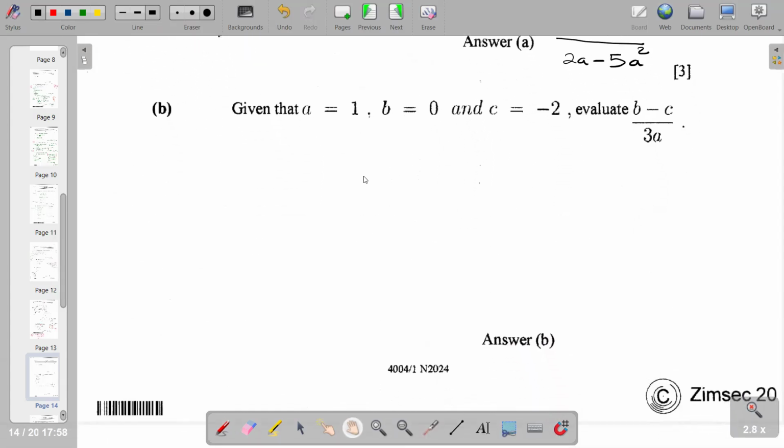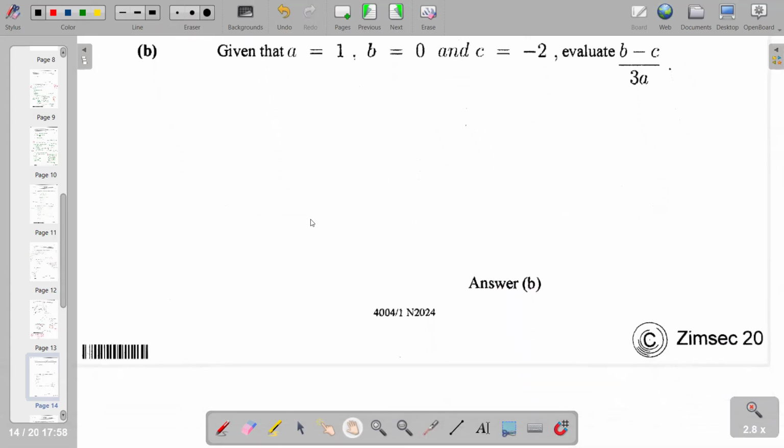They are saying, given that a is equal to 1, b is equal to 0, c is equal to minus 2, evaluate that. So where there is b, you put 0 minus. Where there is c, you put minus 2 all over 3.